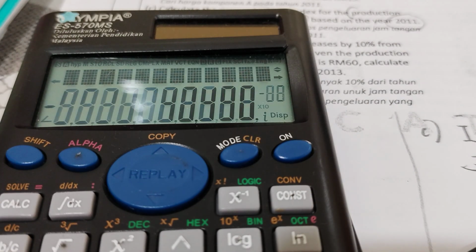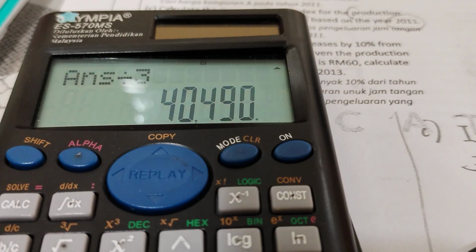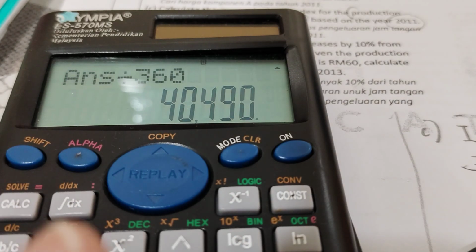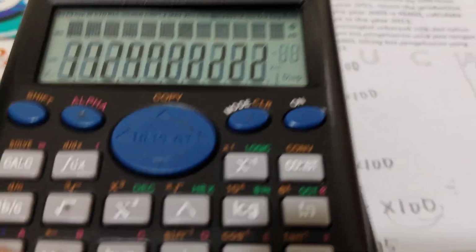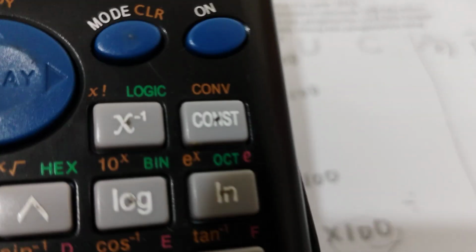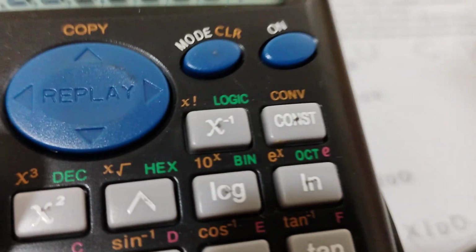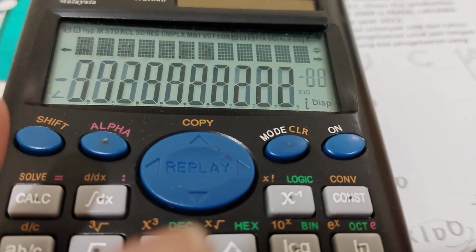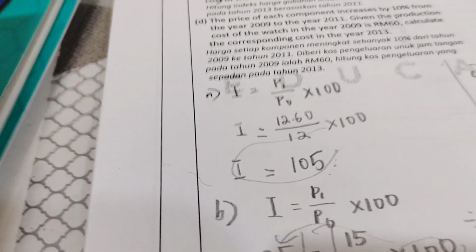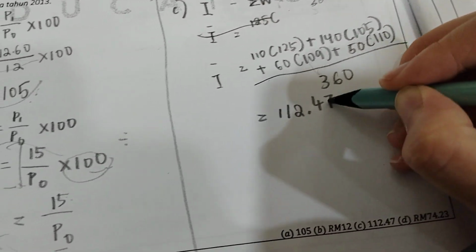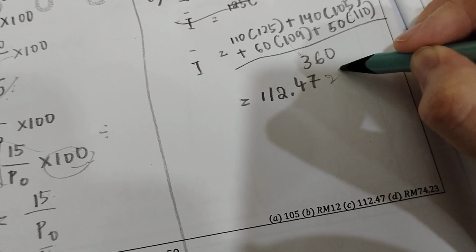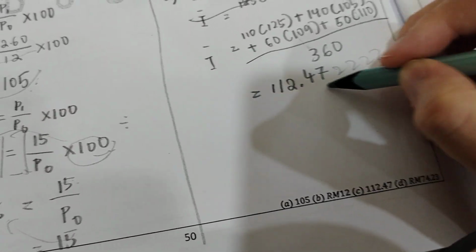You get this value, then we need to divide it by the sum. So my final answer is 112.4722, and that is the answer. 112.47. Yes, sorry, you can't see it. 112.47. I can put in the extra decimals too if you like, but I'm going to stop here.